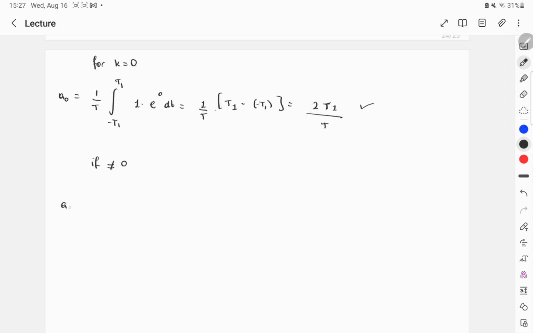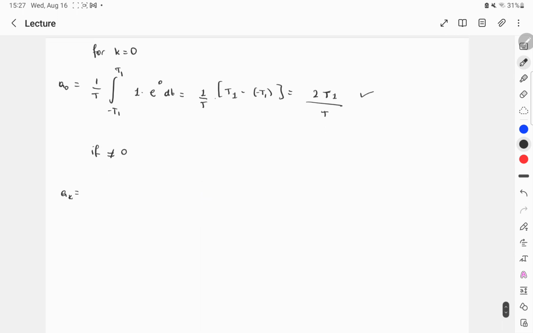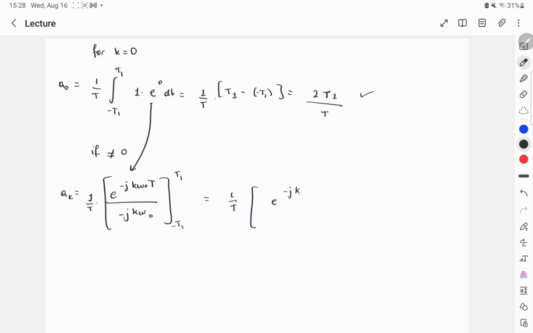We will have a_k equals, if we consider that k is not 0, an expression like this, from minus T1 to T1, and this will equal this expression.